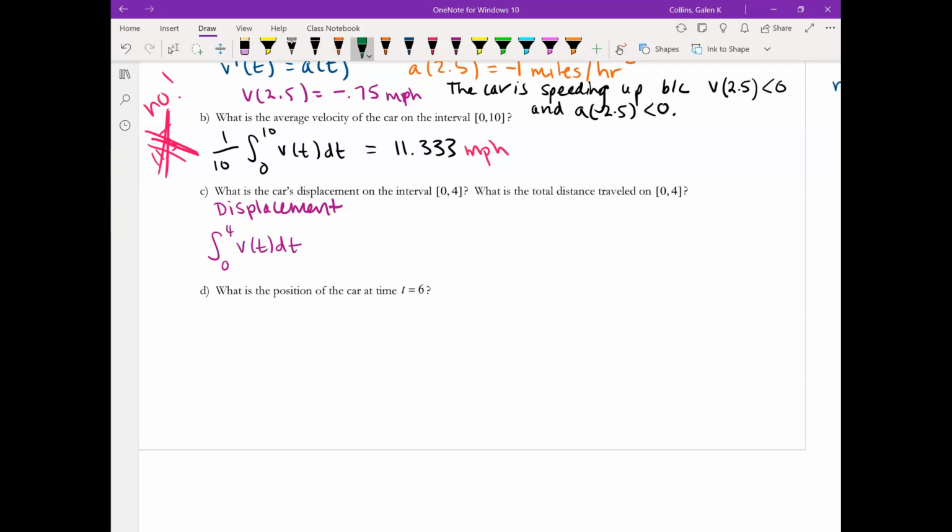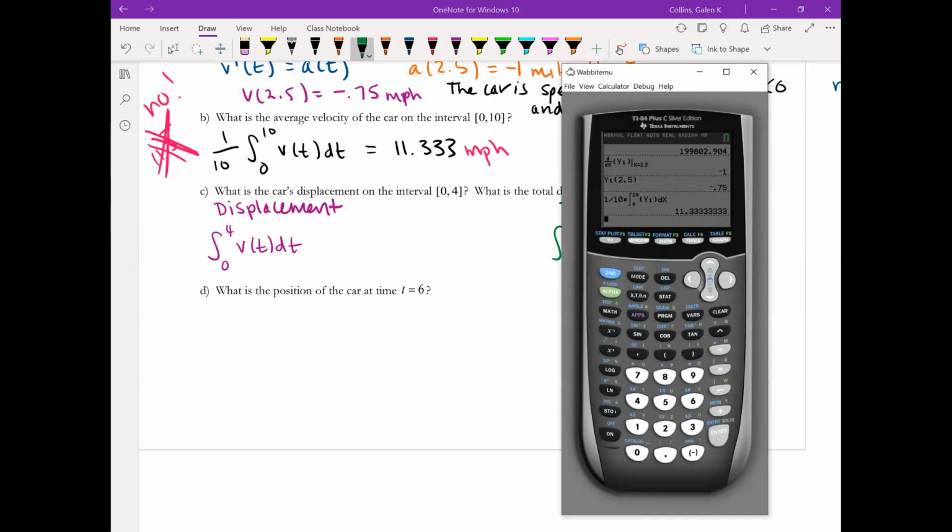Total distance traveled is going to be from 0 to 4, the integral of the absolute value of velocity. All right, so in the calculator, I'm going to go to Math 9. Again, 0, 4 is my upper limit. Vars, y vars, function y1, and then x.